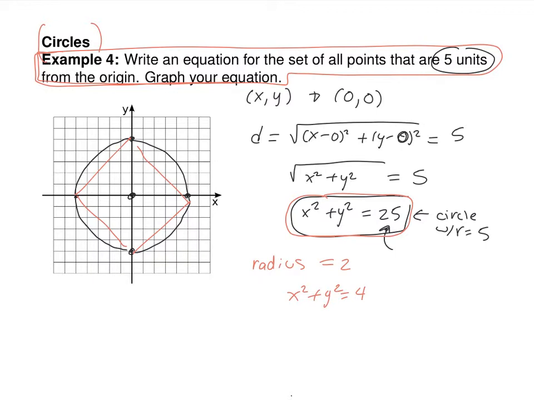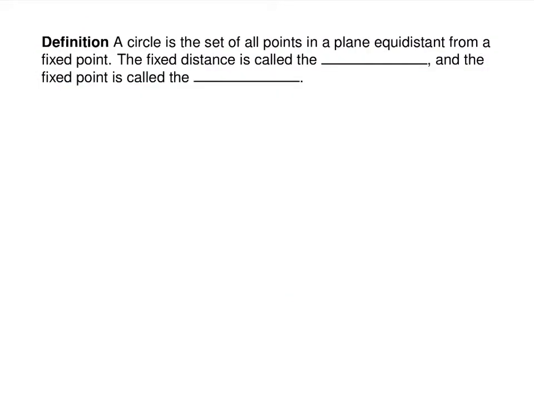Some of them are moved left or right or up or down. So here is the more general formula for a circle. A circle is the set of all points in a plane that are equidistant from a fixed point. What's the fixed distance called? It's called the radius. And the fixed point is called the center.